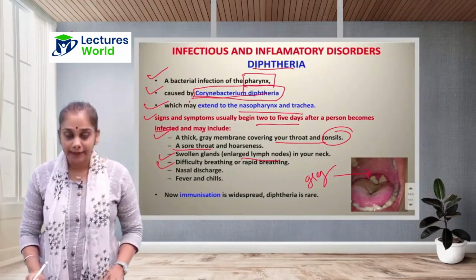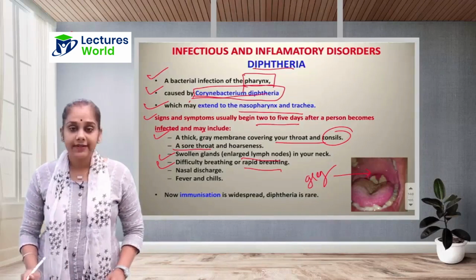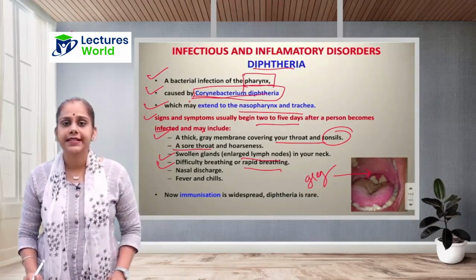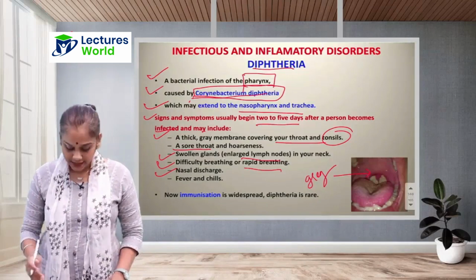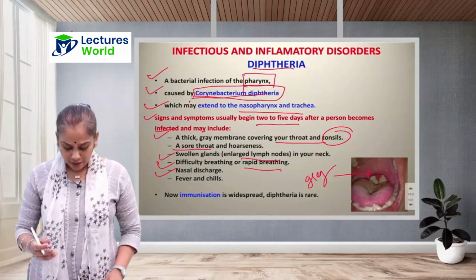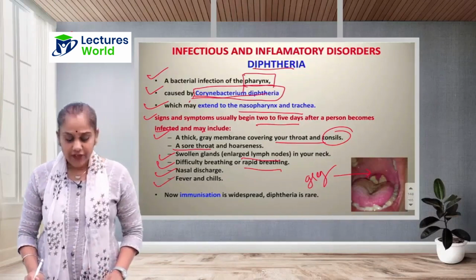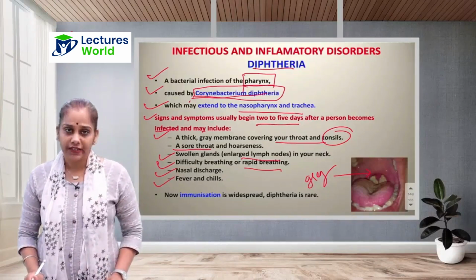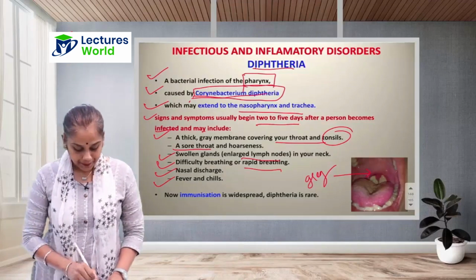Difficulty in breathing, known as dyspnea, as well as rapid breathing. Nasal discharge, some liquid that comes from the nose. Then fever and chills because of the infection.